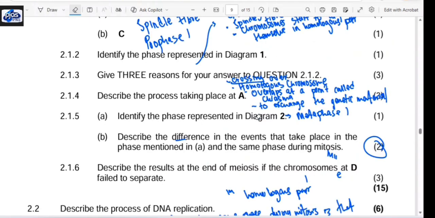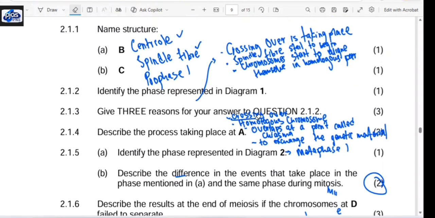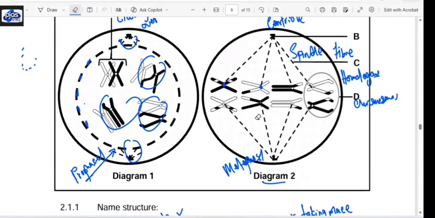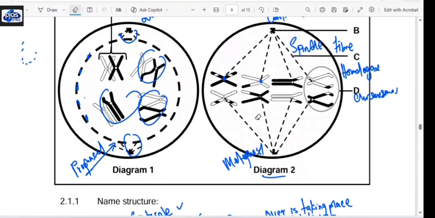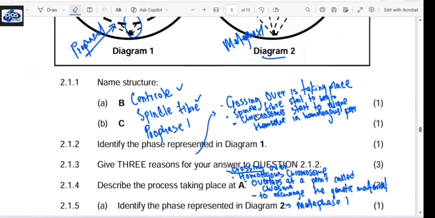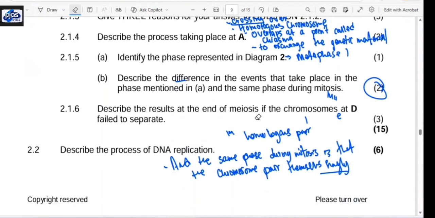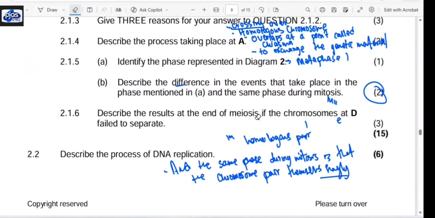Sorry about that. So good people, this is not non-disjunction. This is not non-disjunction. You are required to check what is going on there. Let me clean this.